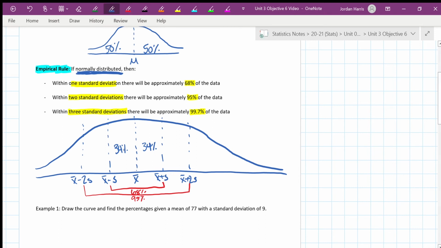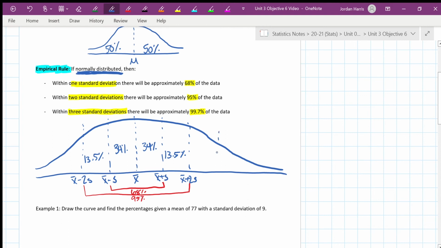We already have 68% represented, so 95 minus 68 is 27, and we split that in half. You get 13.5%. Because it's symmetrical, it has to be the same on both sides. So 13.5% on both sides. If you add all of these up, you get your 95%.